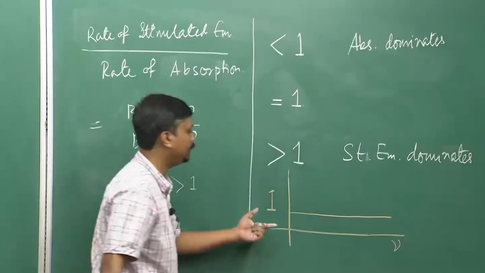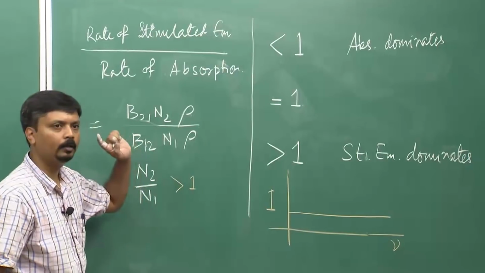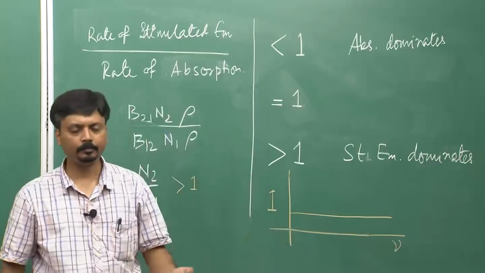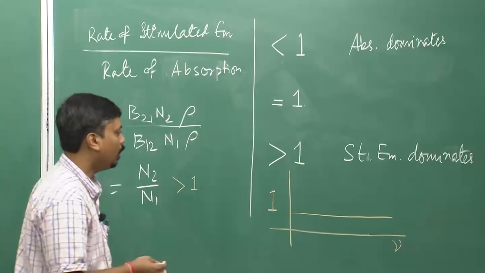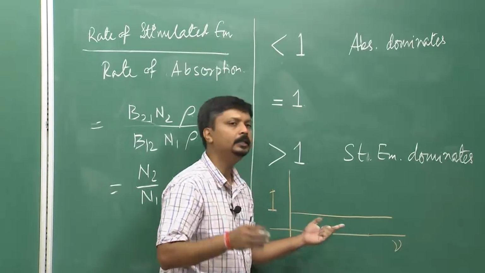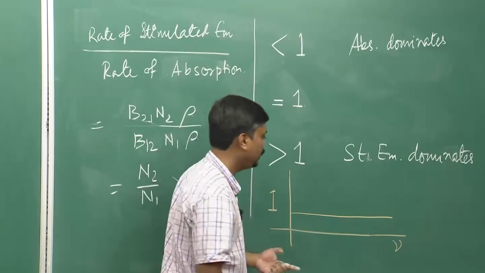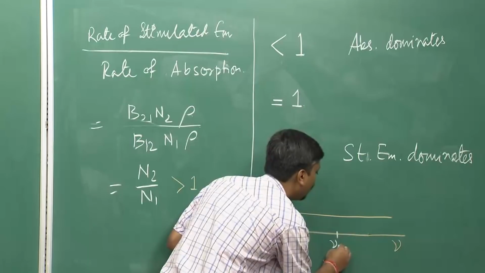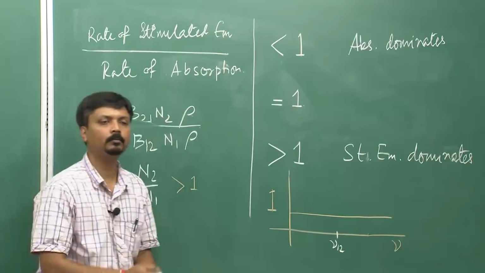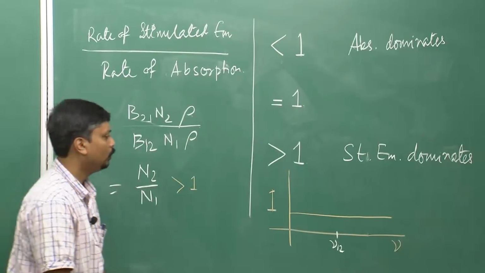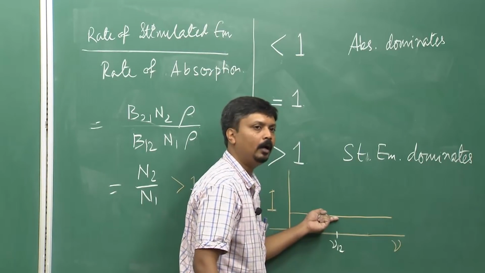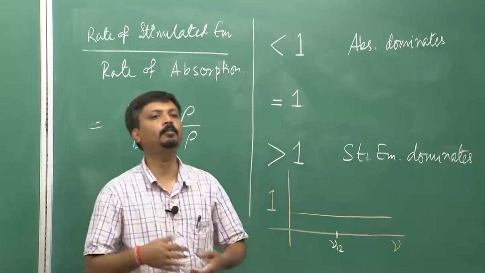So, whatever be the scale of intensity, that is flat. Now, our concern is at a particular frequency, correct. So, let me put this as nu 1 2 as we have been using. Here I do not have any kind of amplification.